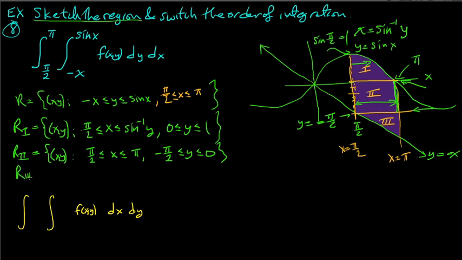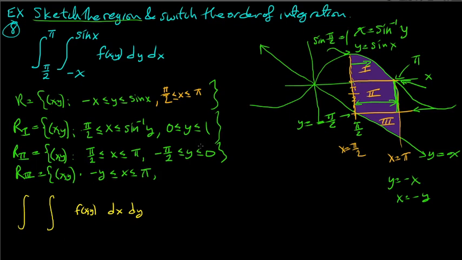And then the third region, so this is our triangular region. We're going from y equals negative x, but that's just x equals negative y, to x equals pi.